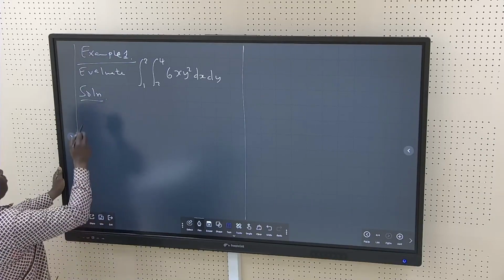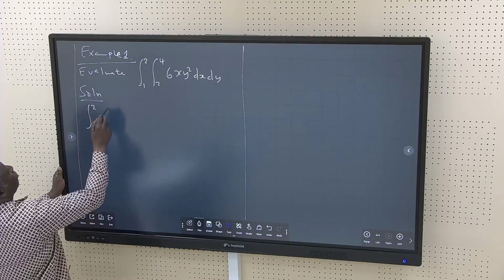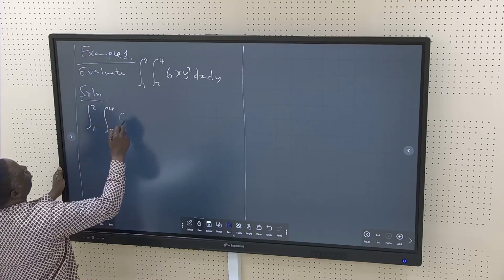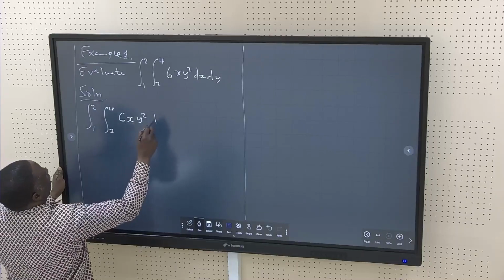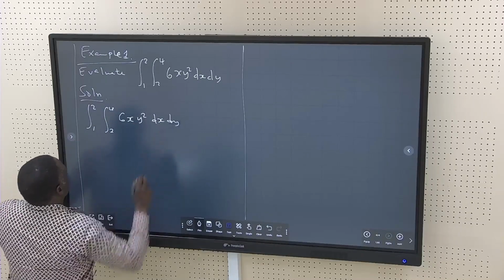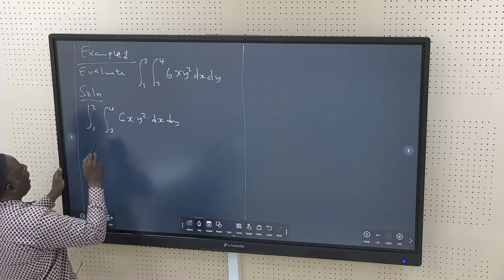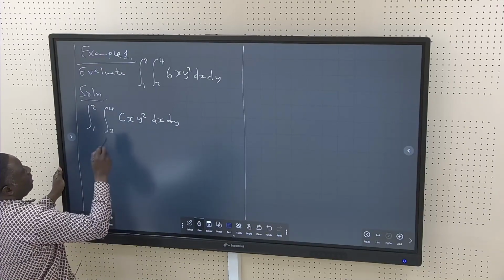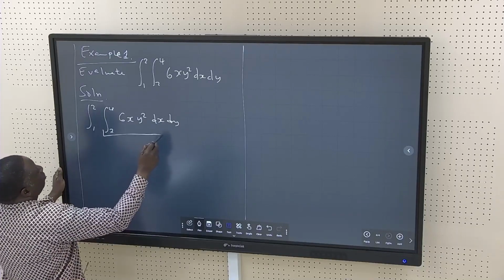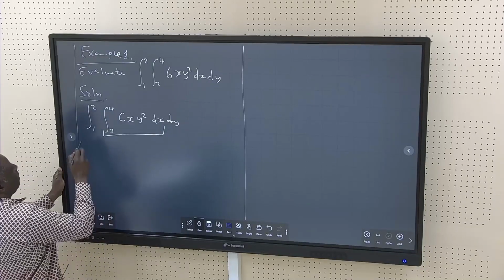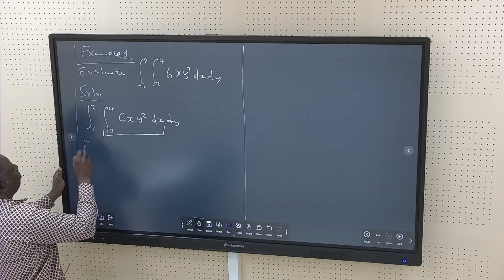Now we have the integral from 1 to 2, from 2 to 4, of 6xy² with respect to x with respect to y. So the first thing we consider is the inner integral. So we start to deal with that one. This one remains as it is.